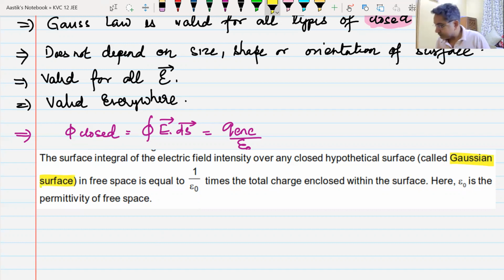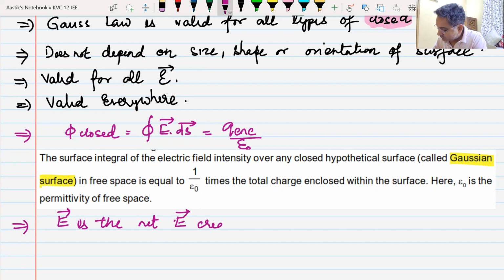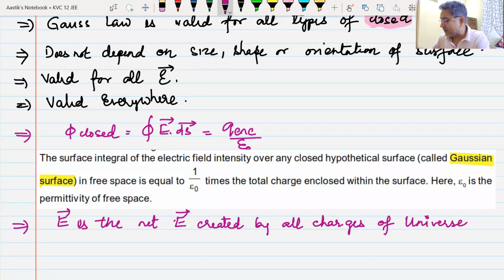Understood, sir. Okay. Now remember, this electric field which is coming in this Gauss law, this E, is the net electric field created by all the charges present in the universe.